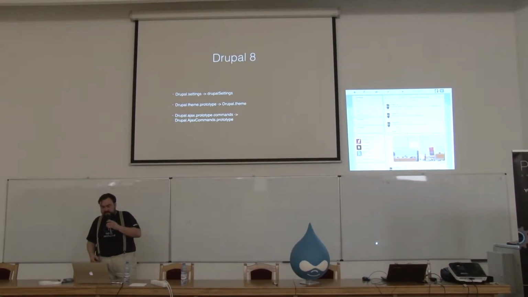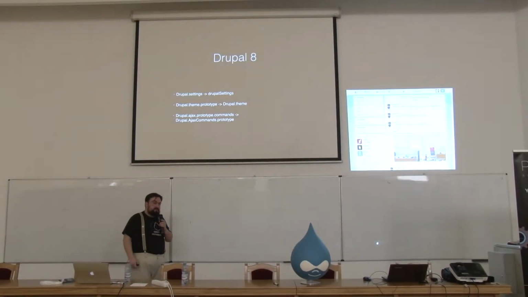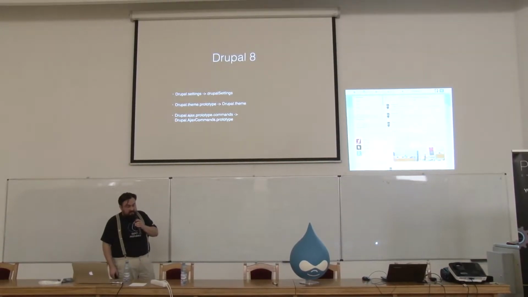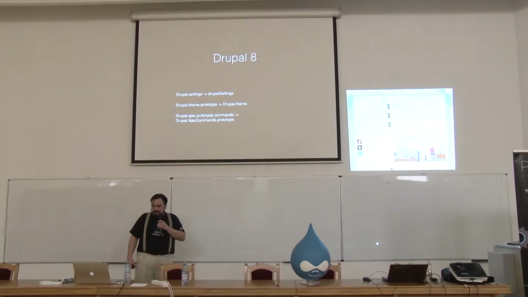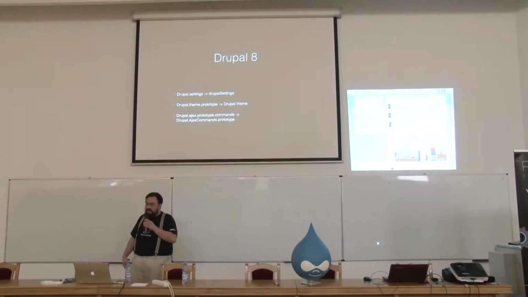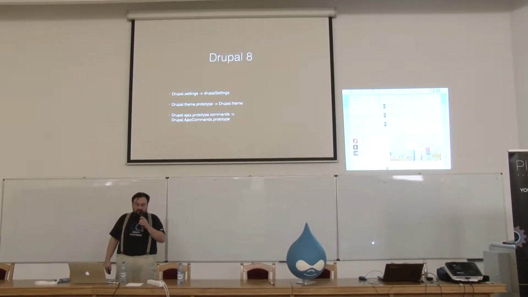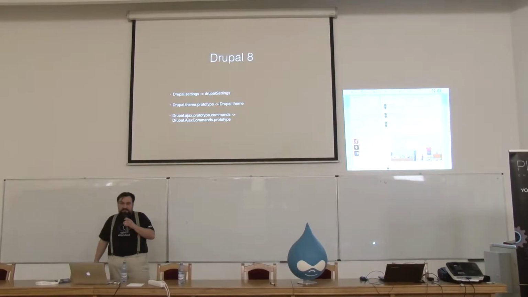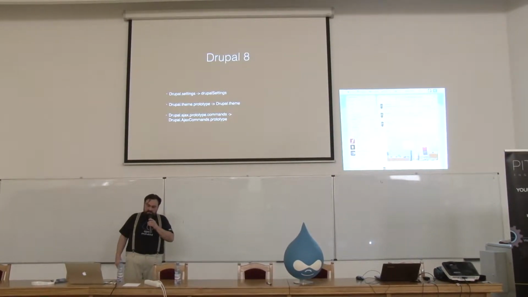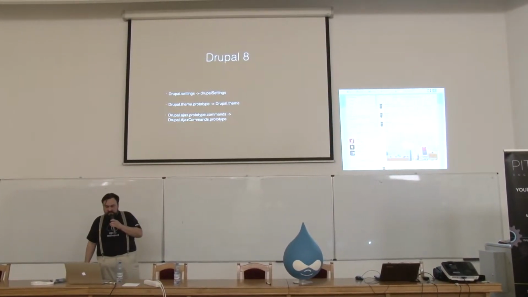Okay, now for Drupal 8. In Drupal 8, there are a lot of changes. Some of them are just name changes, like I put here, Drupal.settings is now just one object, drupalSettings.